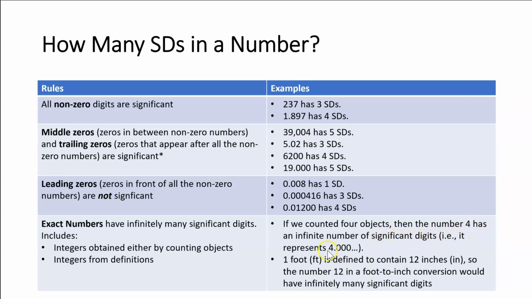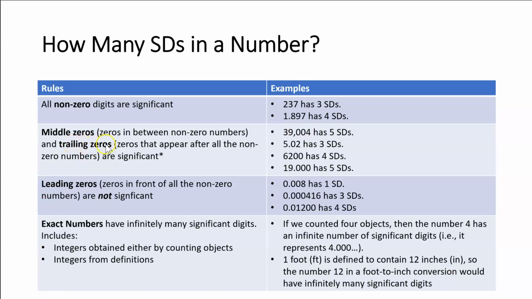So we can kind of think of it as 4.00000000. It's exactly 4. Or 1 foot is defined to contain 12 inches. So the number 12, when you're converting feet to inches, would also be considered to have infinitely many significant digits.